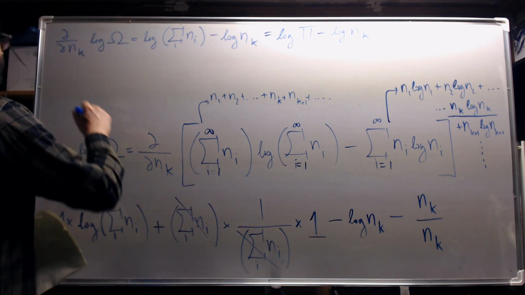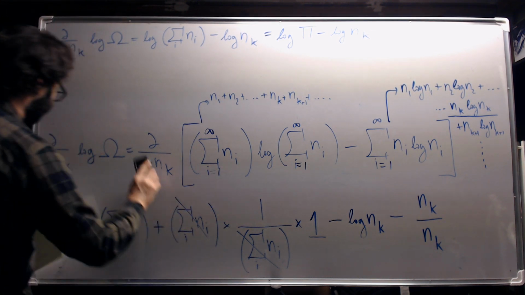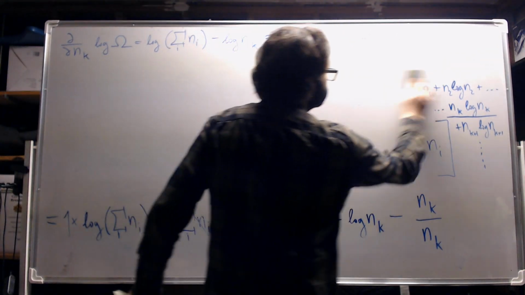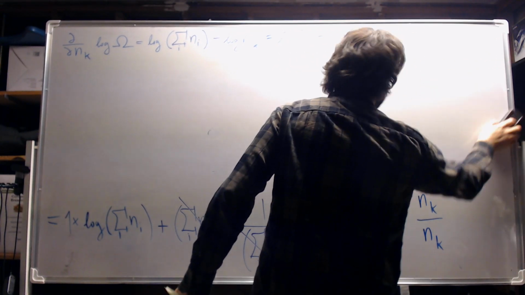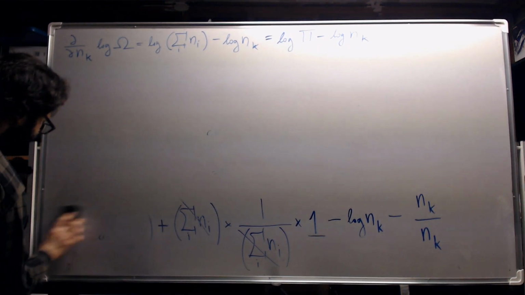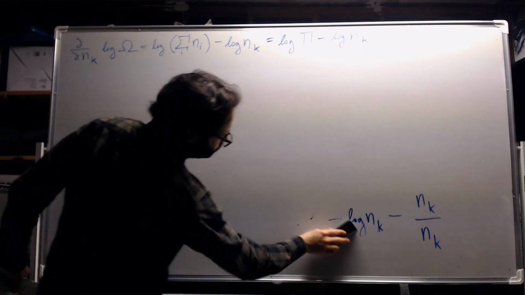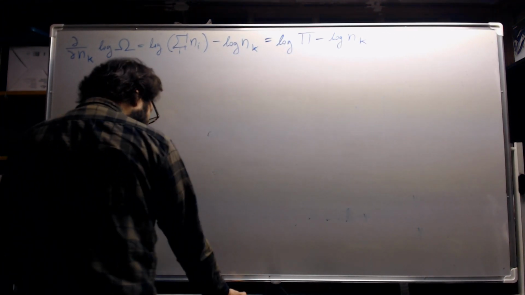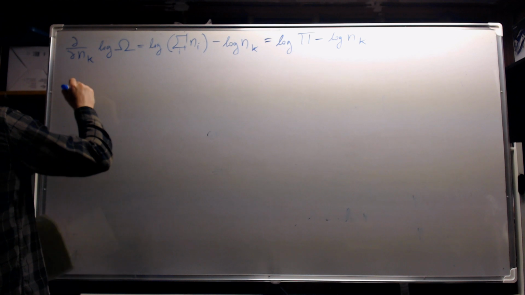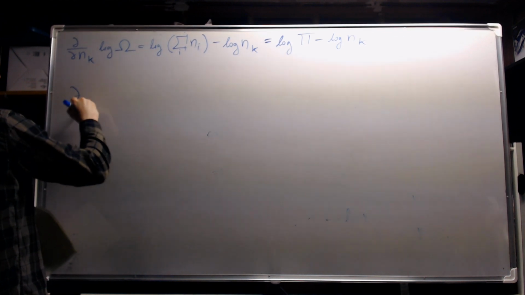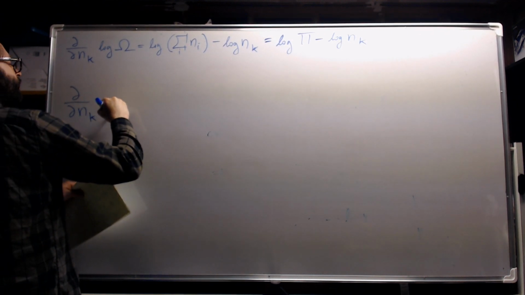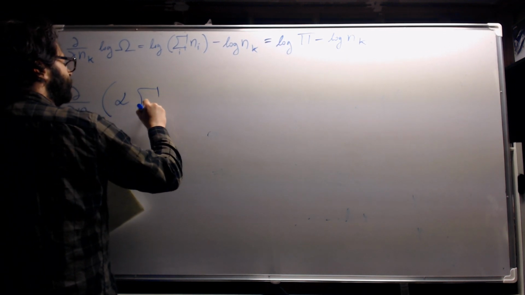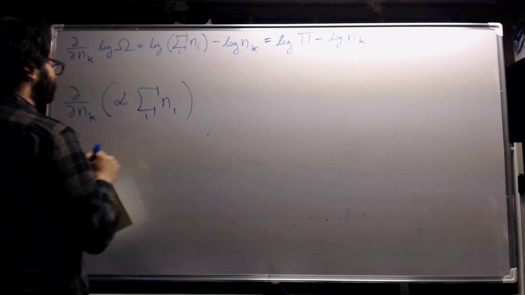So we also have to find d/dn_k of the first constraint, alpha sum over i of n_i.